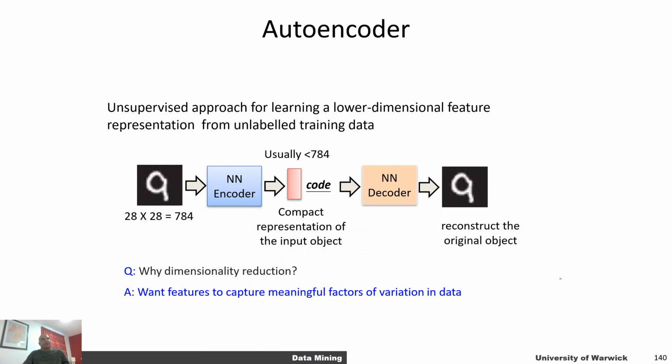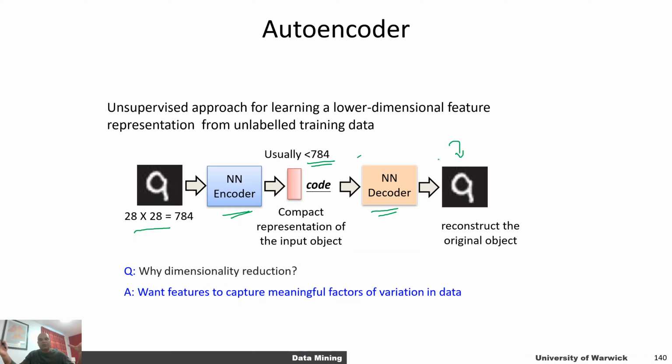So this is how you can train a neural network. An autoencoder is essentially an unsupervised approach for learning lower dimensional feature representations from unlabeled data in the training set. You have an input image, you pass it through a neural network encoder, you generate a code which is typically less than 784 dimensional, the number of input dimensions you have. You pass it through the neural network decoder, which generates a reconstruction image.